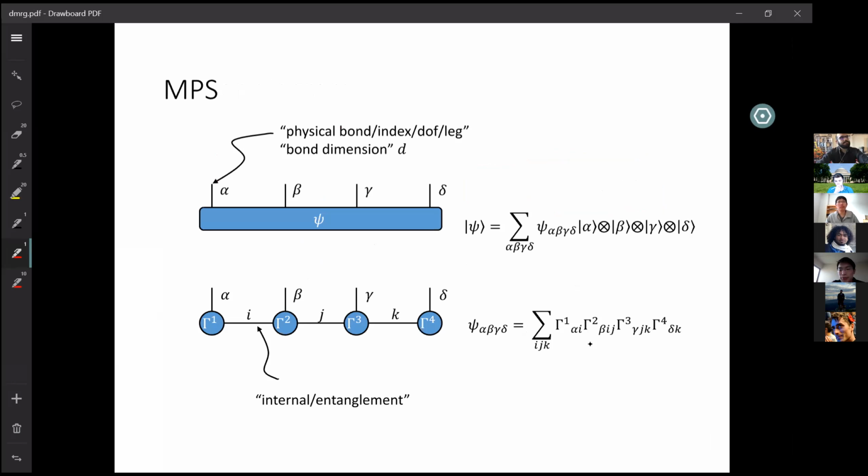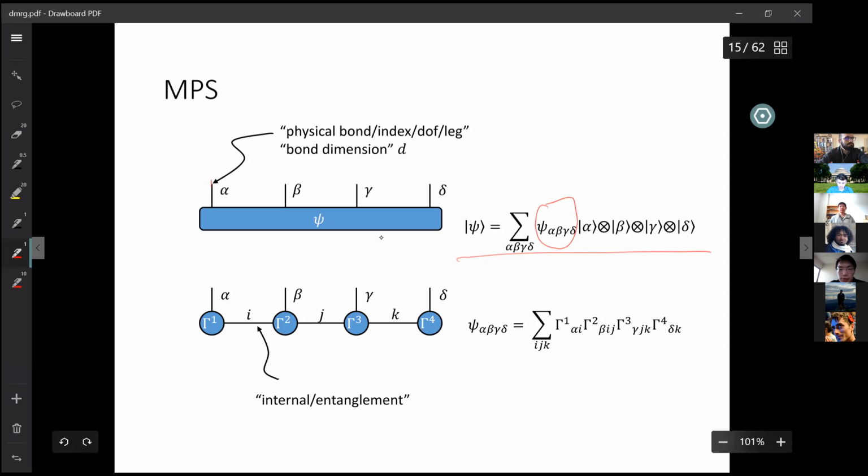This four-site wave function is a tensor with four indices, that's just the psi tensor here. The alpha, beta, gamma, delta are called the physical indices, and they have bond dimension d, which is the local Hilbert space dimension. If you have spin 1/2, then d will be equal to 2. So that's a general wave function.